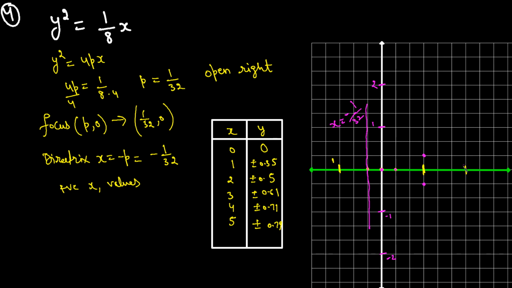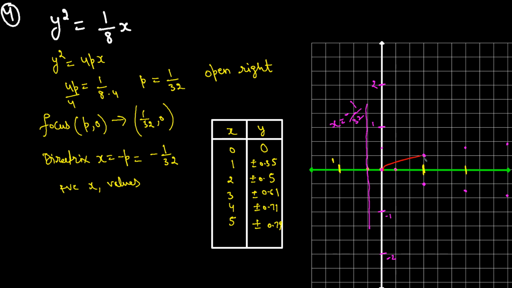If x is 2, y is 1/2, which is almost to this point here, just half. And if x is 3, y is 0.60, which is somewhere there. Same thing here. I'm going to join those points, because those are plenty of points to graph this parabola.